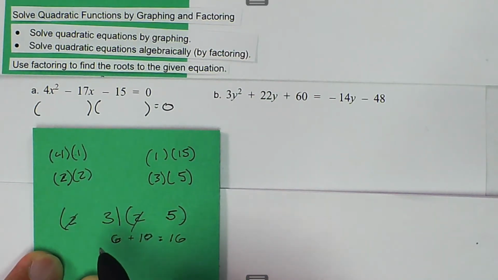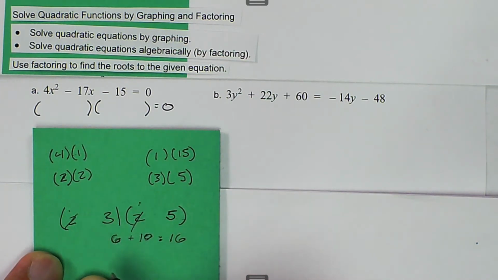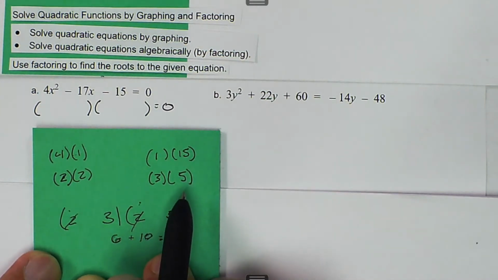So then I'm going to try 4 and 1. If I put 4 here, 4 times 3 is 12, and 5 times 1 is 5, so that might work. But that won't work because one of these has to be positive and one of these has to be negative, so they won't be able to add together.